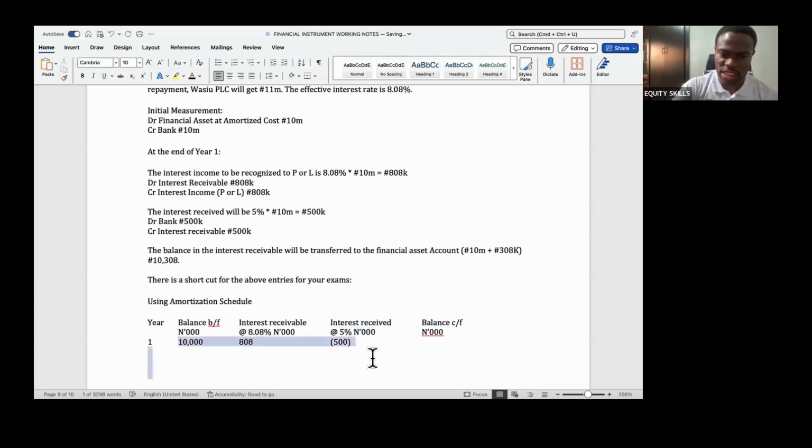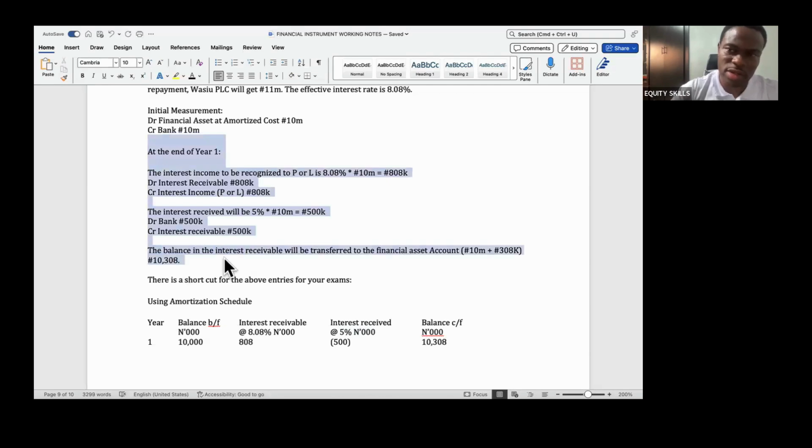By the time you cumulate these three, you get this same thing very fast without the need for debits and credits. If you do this in the exam, you get your full mark. You don't have to go through all of these steps, but you need to know this.